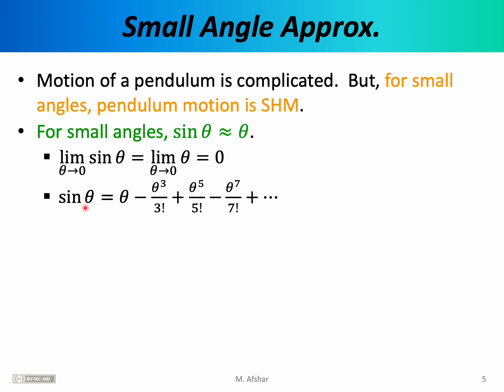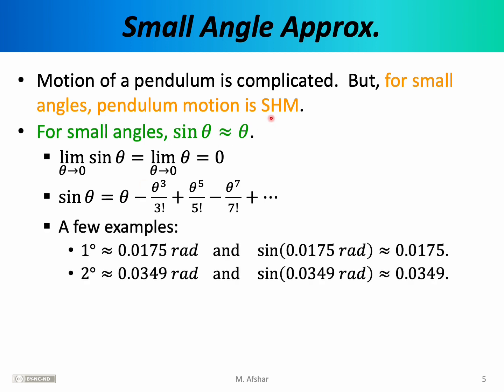For example, if theta is already a small angle, like 0.1 radians, then theta cubed is going to be a pretty small number, and theta to the fifth is going to be an even smaller number, and theta to the seventh will be even smaller than that, and all of the higher order terms will also be progressively smaller and smaller. Which means if theta is a pretty small number, then you can essentially ignore all these higher powers of theta, and you can say that sine of theta is equal to theta to a very good approximation.